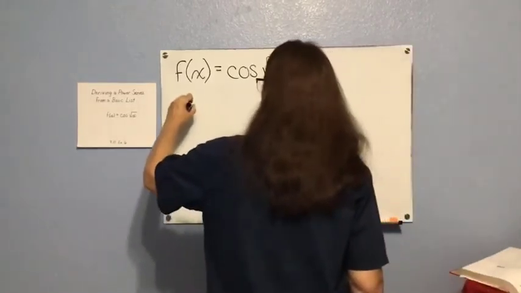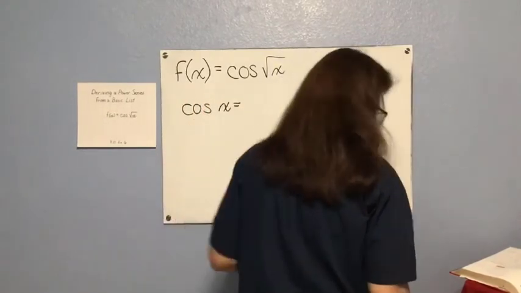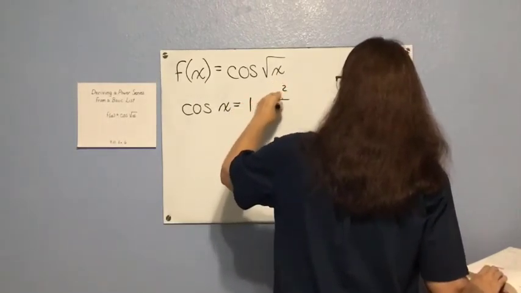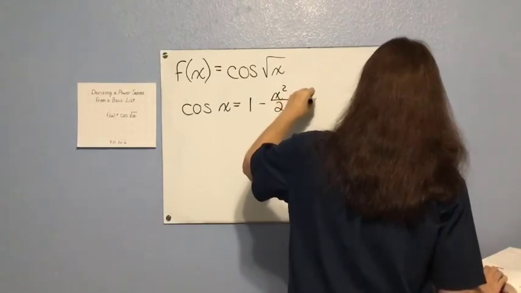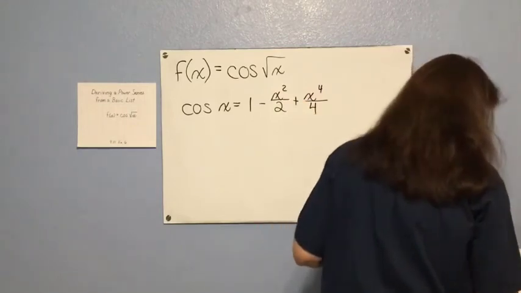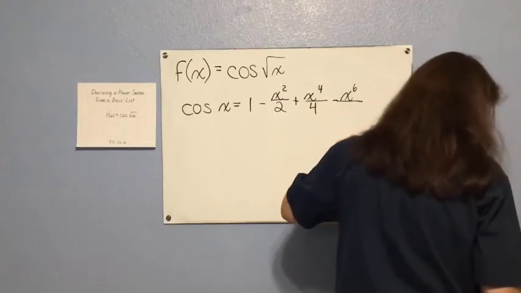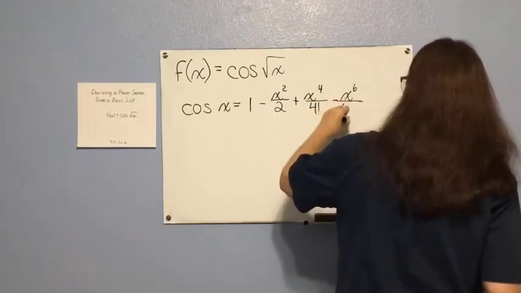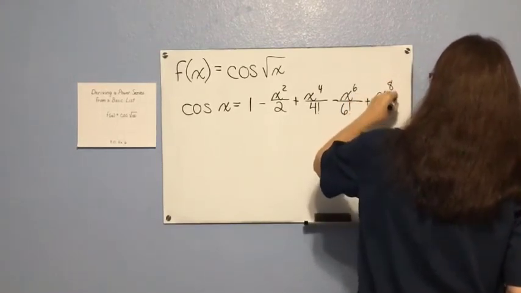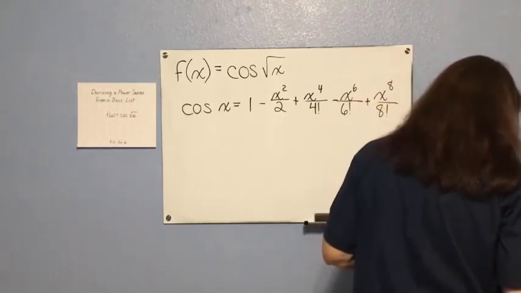Okay, and I know that the power series for cosine x is 1 minus x squared over 2 factorial plus x to the 4th over 4 factorial, minus x to the 6th over 6 factorial, plus x to the 8th over 8 factorial, and so on.